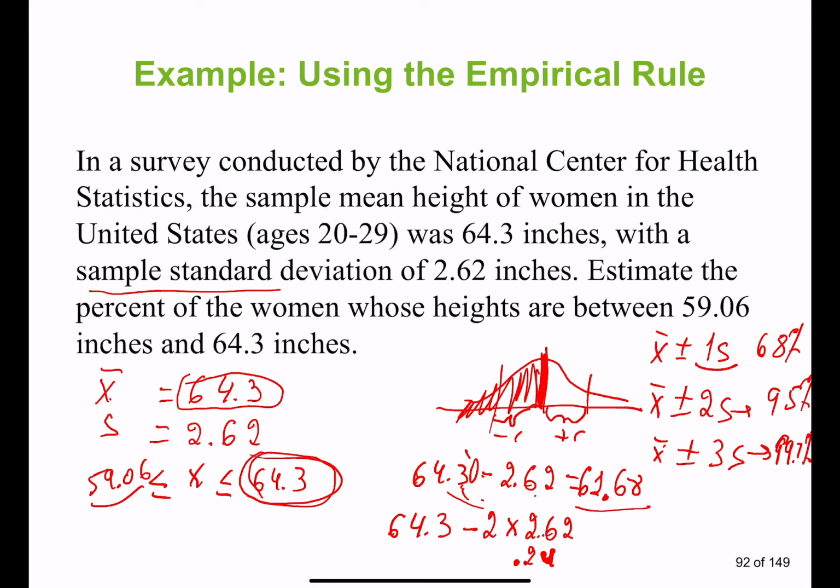Here is going to be a whole decimal. And 2 times 2 is 4, and 1 we had in mind, 5. So 64.3 minus 5.24. So 13 minus 4 is 9. Again 2 decimals, okay.